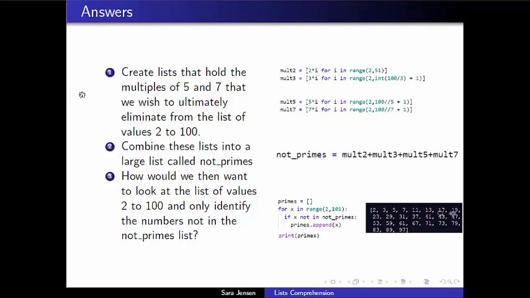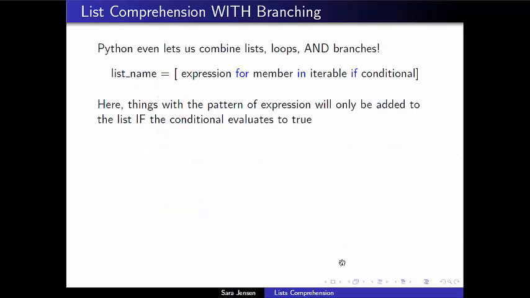Other than checking your understanding for the first two problems, what I'm really trying to hint at with item 3 is, is there a way to not have to do all this code and to somehow combine branching statements with list comprehension? And what's truly wonderful, of course, is that there is.